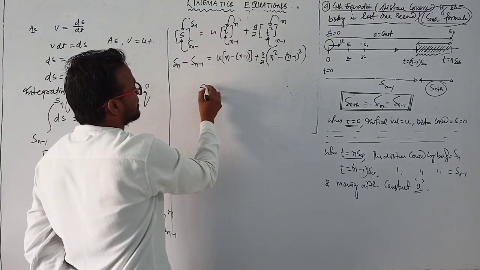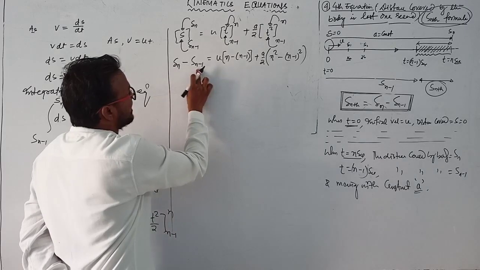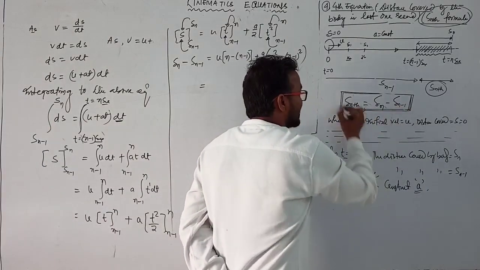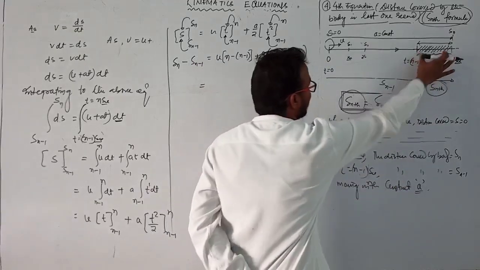Now solve this equation. Sn minus Sn minus 1 means the distance covered by the particle in the last 1 second.